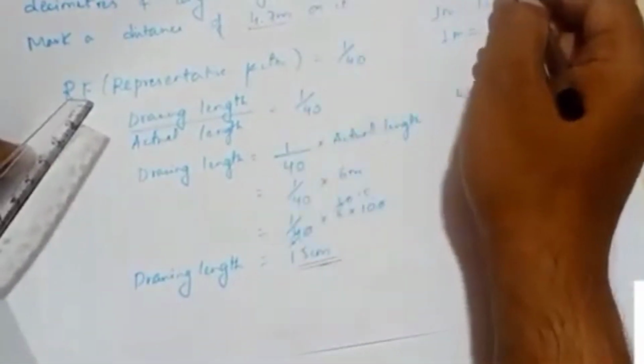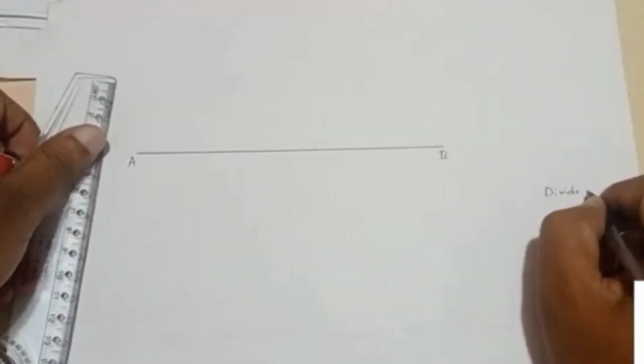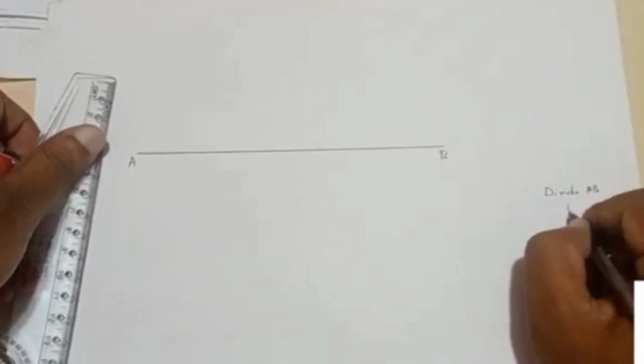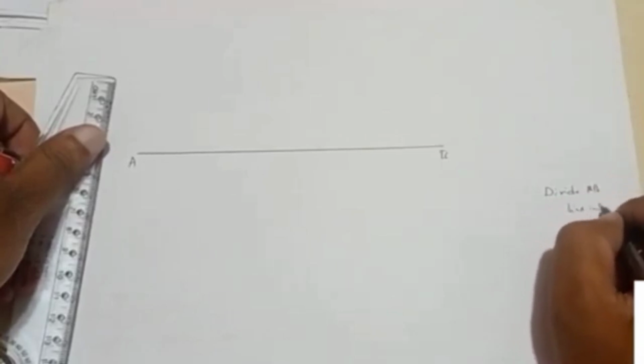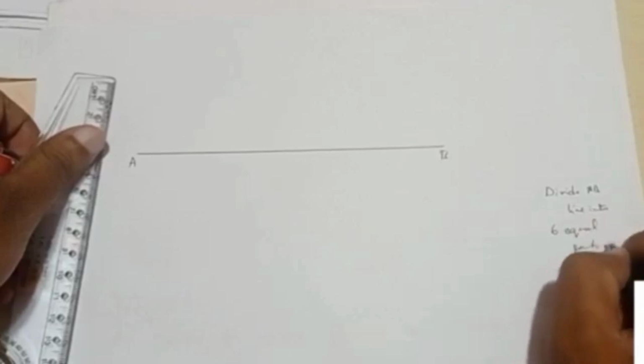This 15 centimeter drawing length we have to show for 6 meter. That means we have to divide this line AB into 6 equal parts.